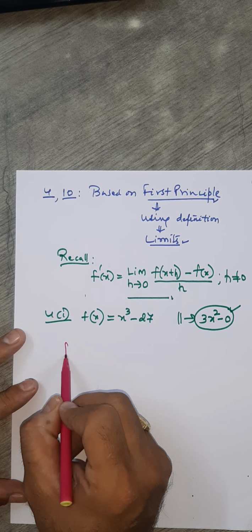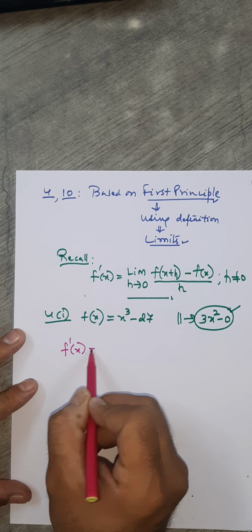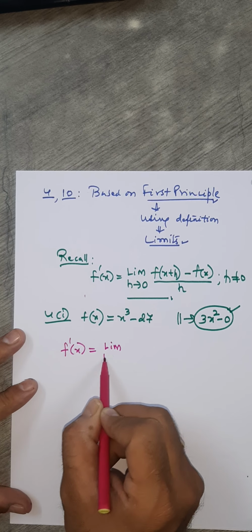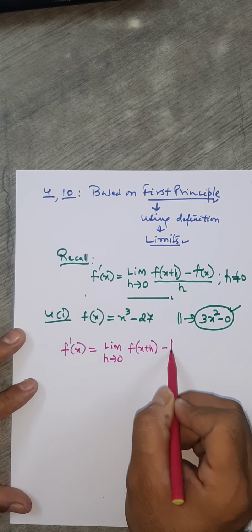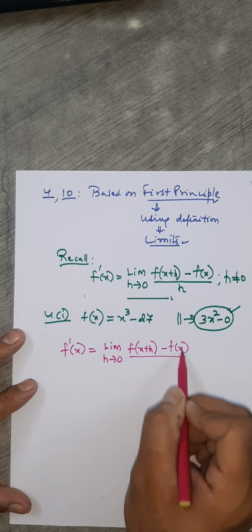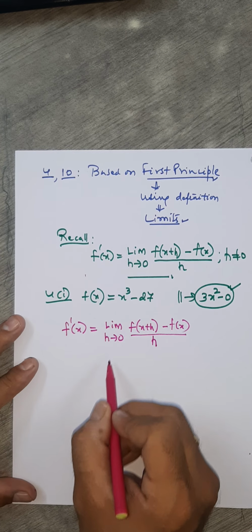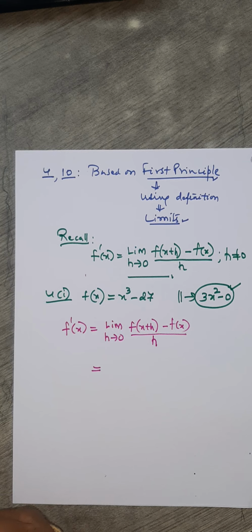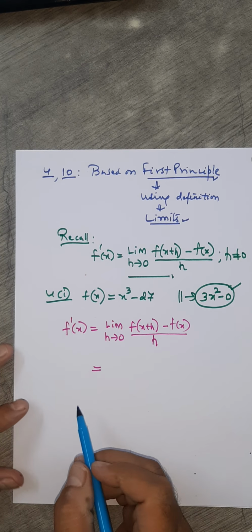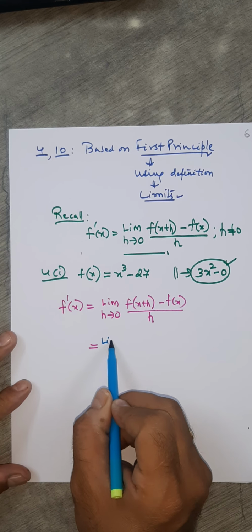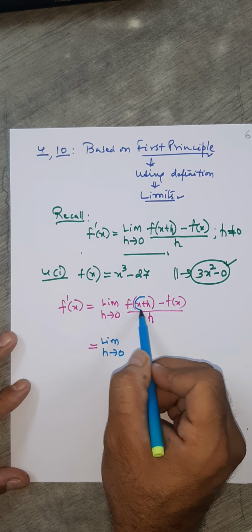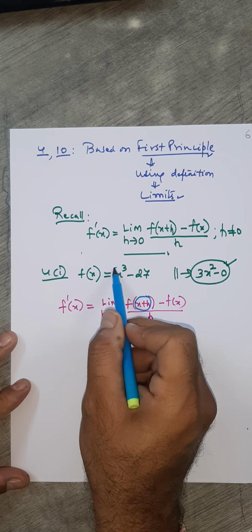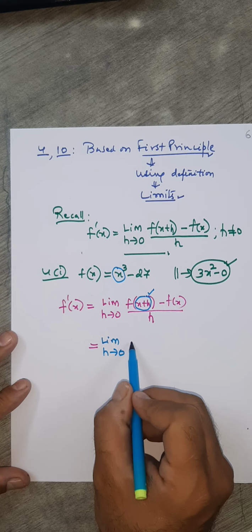Okay. Now recall the definition. f dash x equals limit h tends to 0, f of x plus h minus f(x) upon h, as I wrote here. Now this is just a question of limits only. So limit h tends to 0, f of x plus h means in the formula of the function, in place of x you put x plus h.